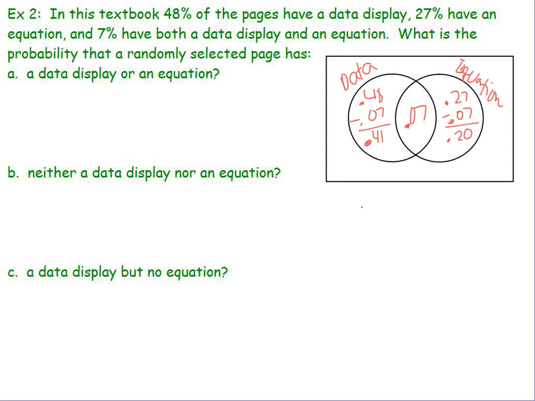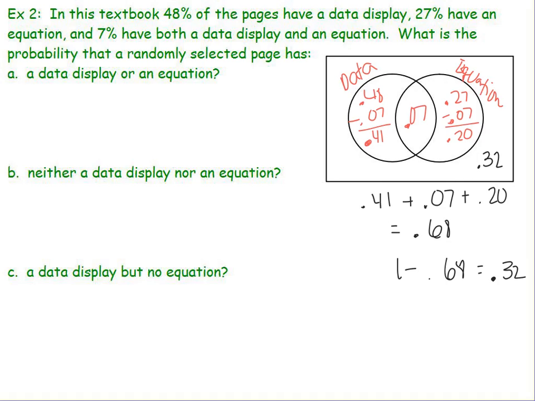Well, we have 41 plus the 7 in the middle plus the 20. That leaves us with 68. And 1 minus 0.68 is 0.32. There's your pages that don't have data displays or equations.